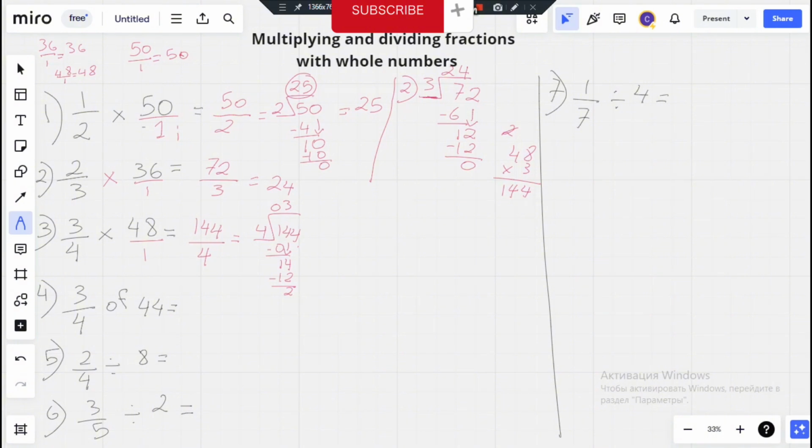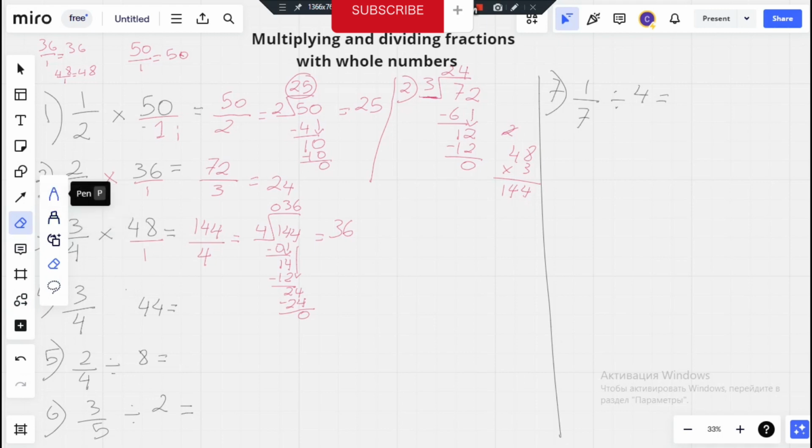Bring down the 4. How many 4s can you put in 24? That's 6. 6 times 4 equals 24. So our answer is 36.